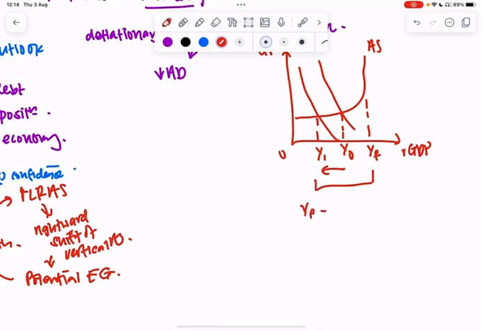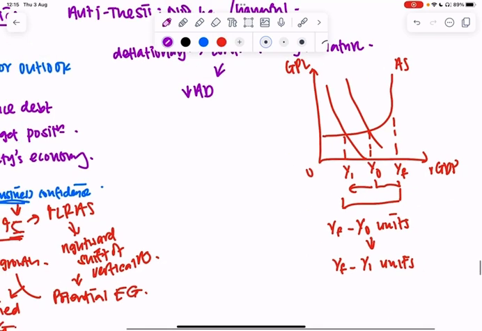Initially, it was YF minus Y naught units. And now, because of the contractionary policies, it has become YF minus Y1 units. And you can see why this is a bigger output gap as compared to initially, right?